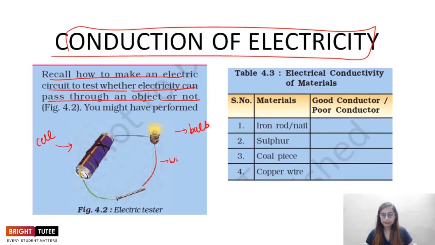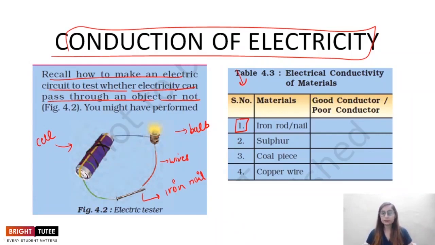These are wires, connecting wires to complete the circuit. And this is an iron nail, right? This is the first experiment of this table. You have to check for various materials if they are conducting electricity or not. So the first case you took was the iron nail. You connected the ends of the wires to the iron nail. Now you have to see if it conducts electricity.